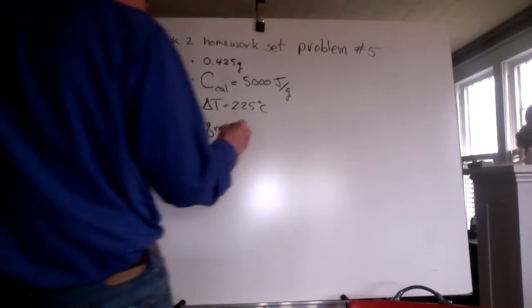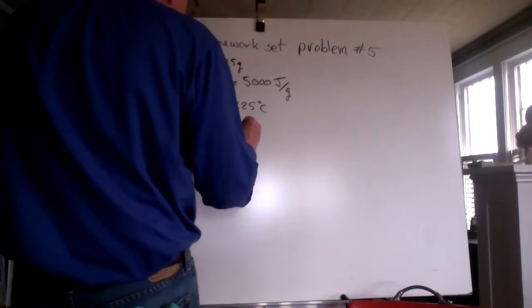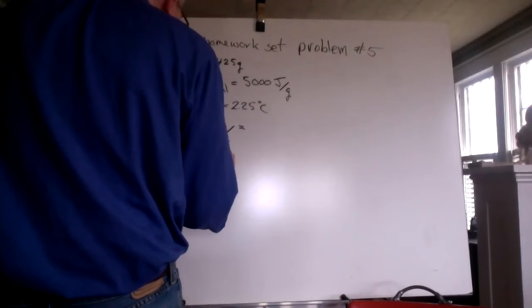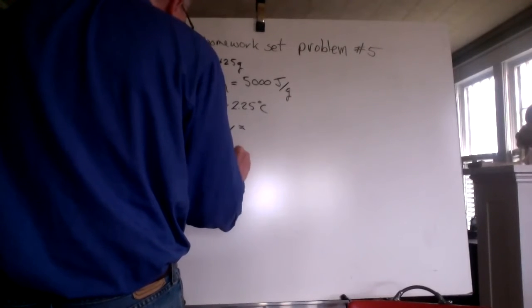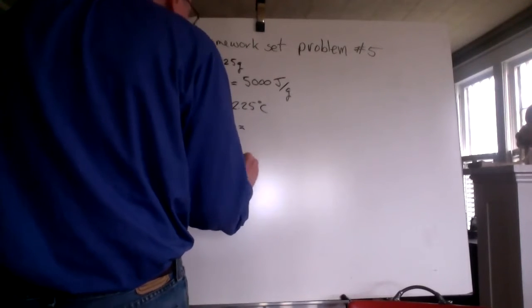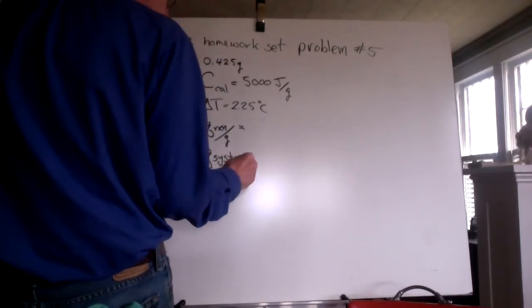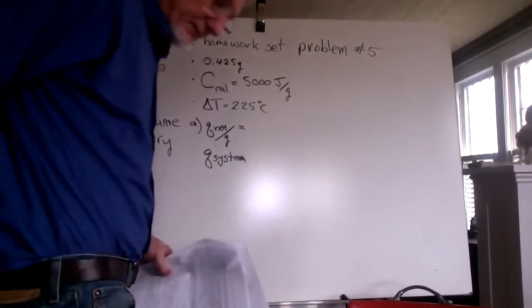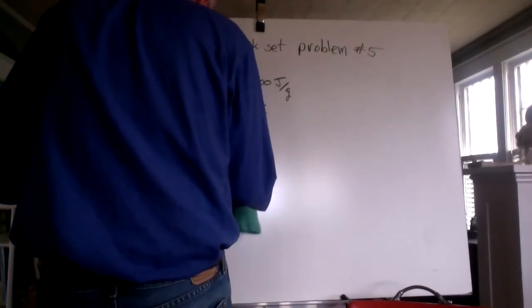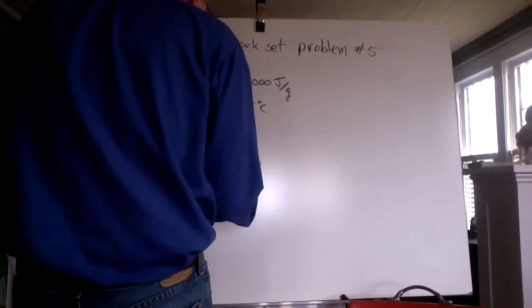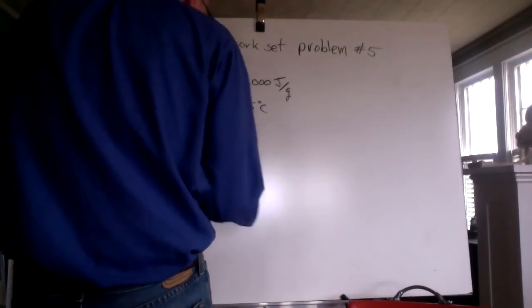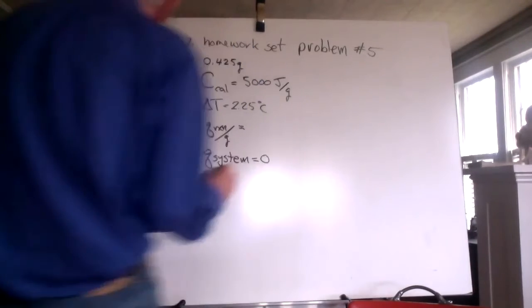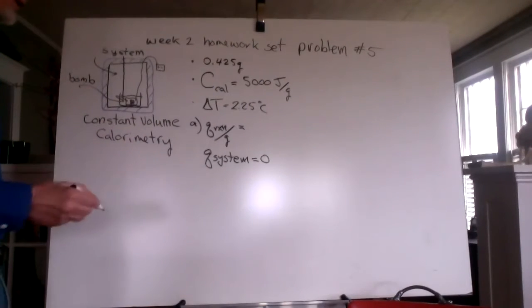Well, let's do that. The way you would do that is the following. We have Q of the system is going to be equal to 0. Now, why is that?